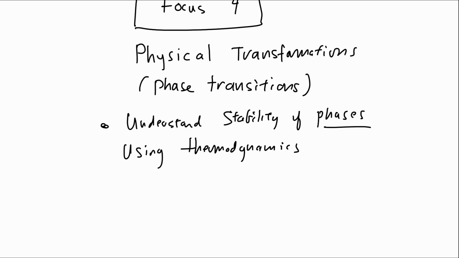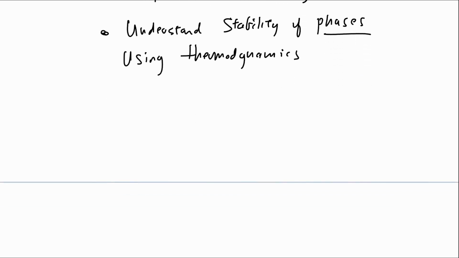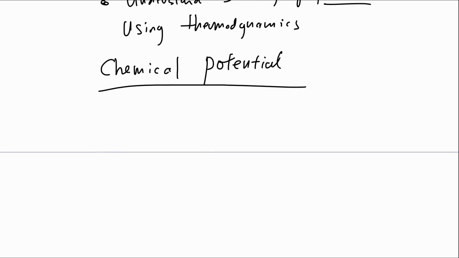Anyway, phase transitions have been happening, but to understand what's going on, we can use our thermo, right? And this is where I've mentioned it, I think, but we'll mention it again. The chemical potential is really the interesting quantity.